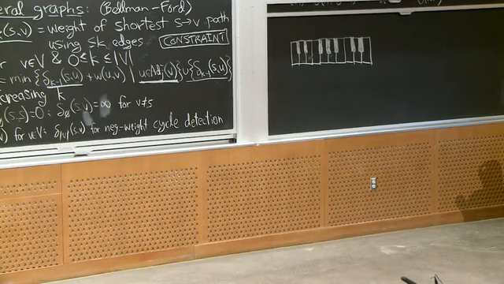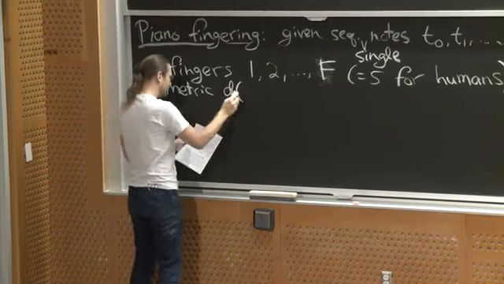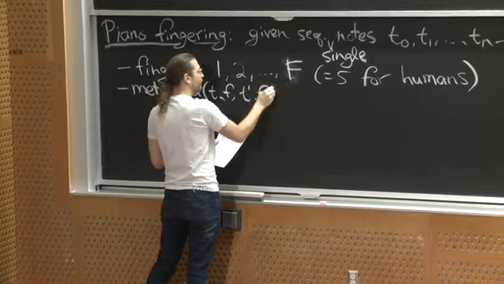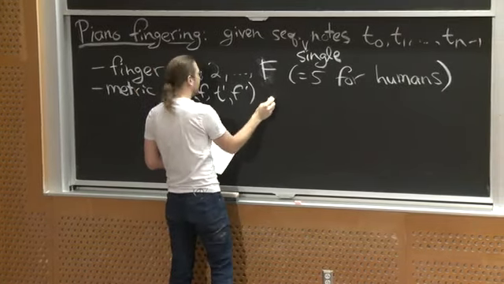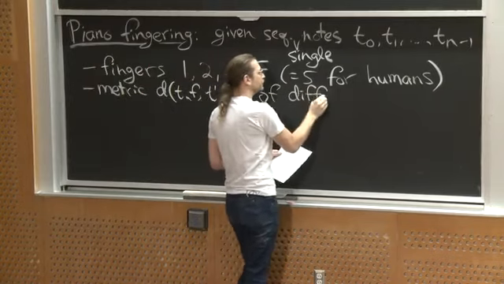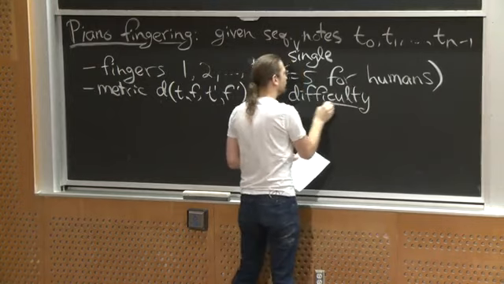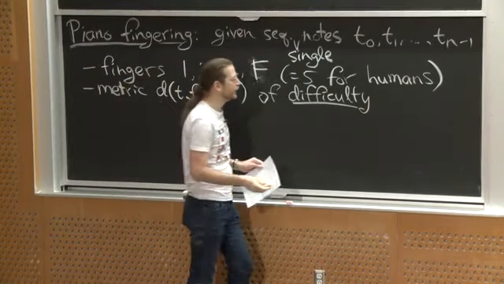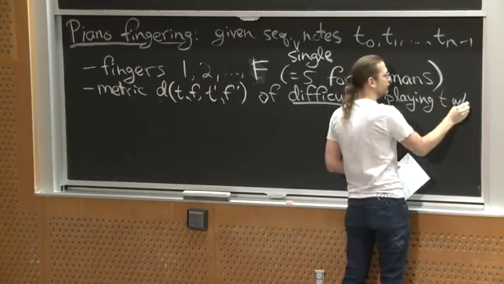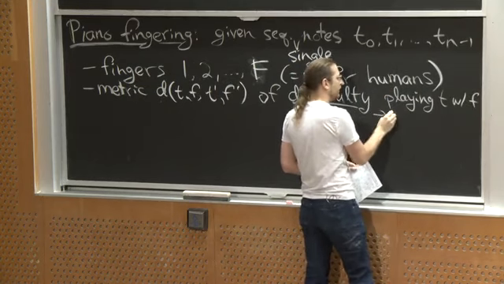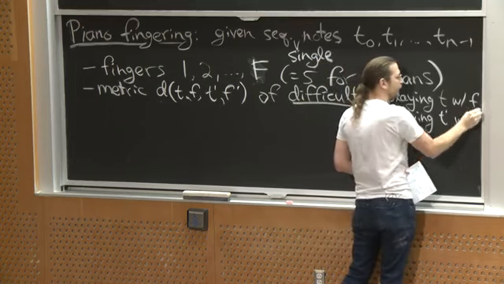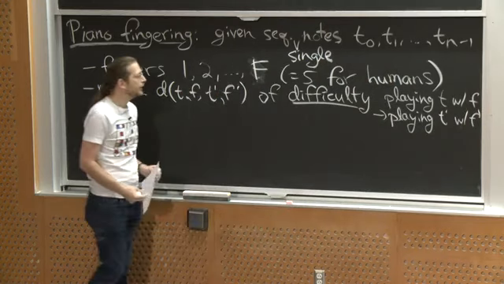I'm going to say that there is a metric, D, for if I'm at note T with finger F, and I want to go to note T prime with finger F prime, then this function, D of T, F, T prime, F prime, gives me the difficulty of playing note T with finger F and then playing note T prime with finger F prime. So this is a transition difficulty.